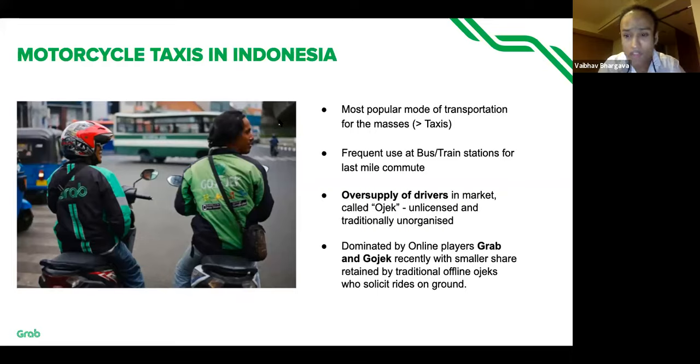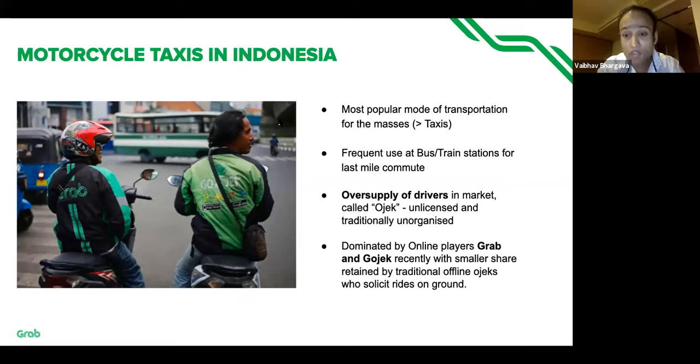The reason for that is the way the cities are constructed, it's a very useful tool for last mile commutes. A lot of people come in from trains and buses from outside the city, and there are these stations inside towns from which they then take a last mile commute to their office. And as you saw the traffic in the previous slide, it helps you save time.